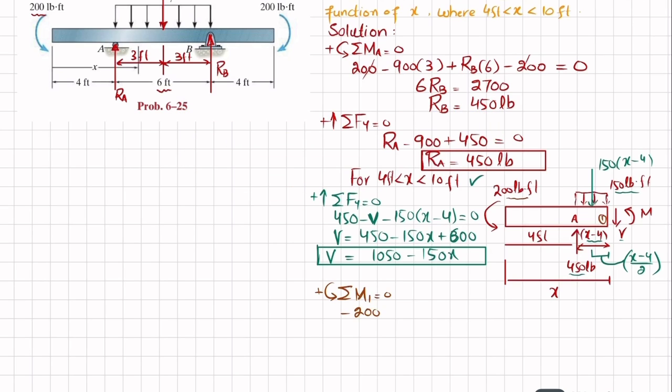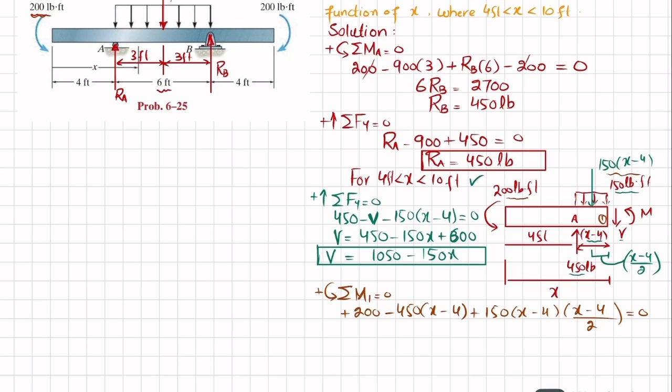The second moment about point 1 will be 450 into the perpendicular distance x minus 4, and this is producing clockwise, so it will be negative: minus 450 into x minus 4. The third moment will be 150 into x minus 4, and the perpendicular distance is x minus 4 divided by 2, and this is producing counterclockwise moment, so it will be positive.